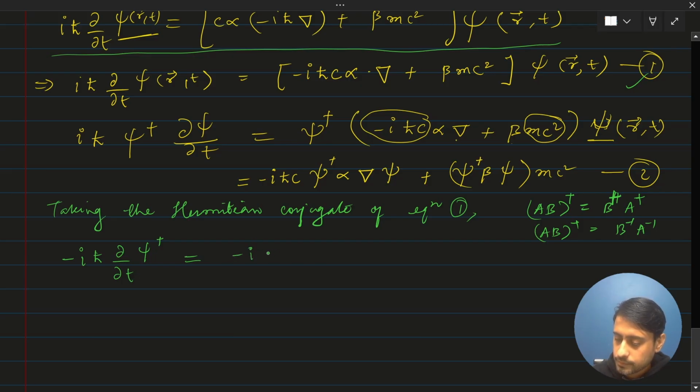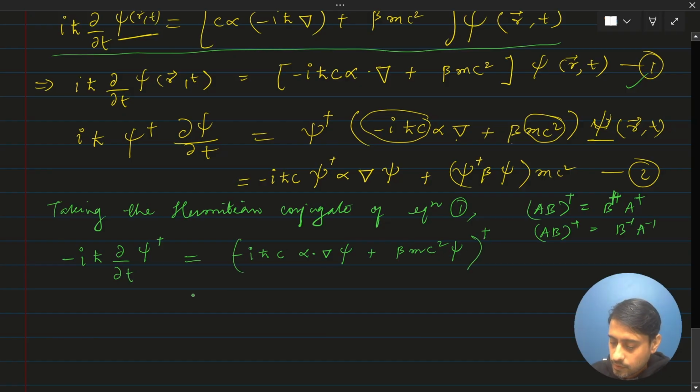Minus iota h bar c, alpha into del operator acting on psi, plus beta mc square psi, and then the conjugate of the right hand term.